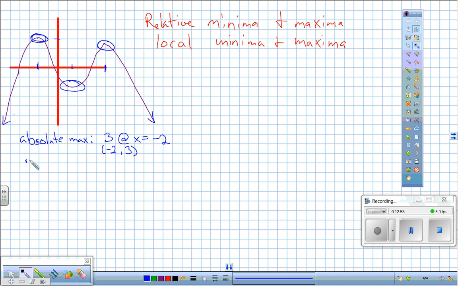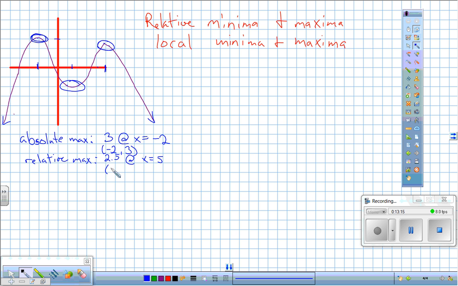And then I have a relative max, where my y is equal to about 2.5. And that happens at x equals 2, 4, 5.